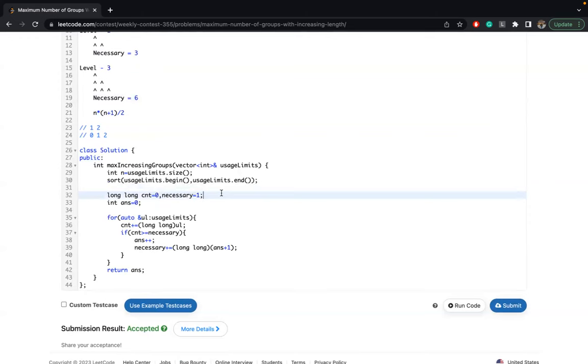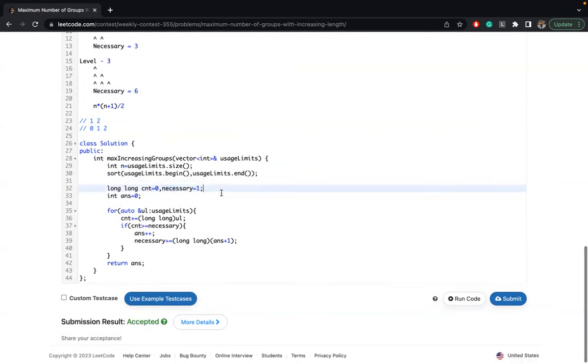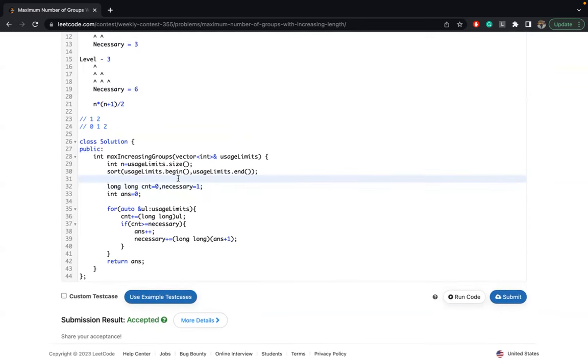So how much count is necessary, for that we will be using it, and this will be the actual count. Okay, and I'm initializing the answer as 0. Whenever the condition is satisfied, we will be increasing the answer.